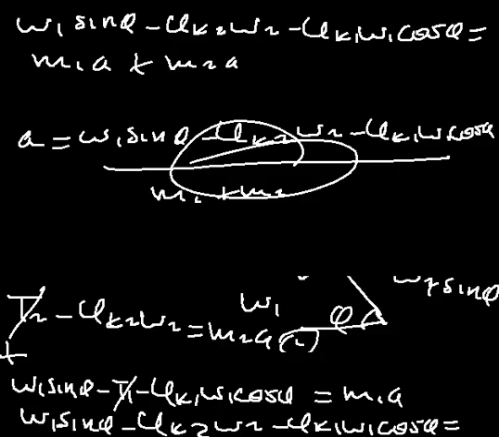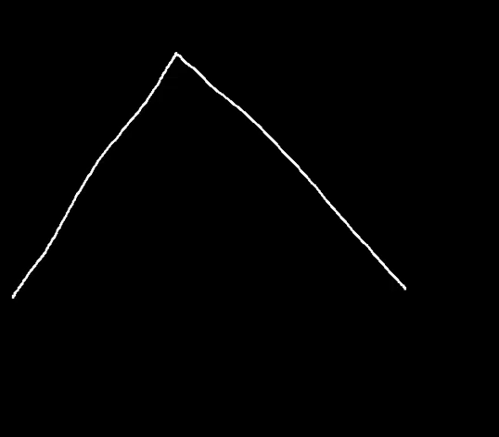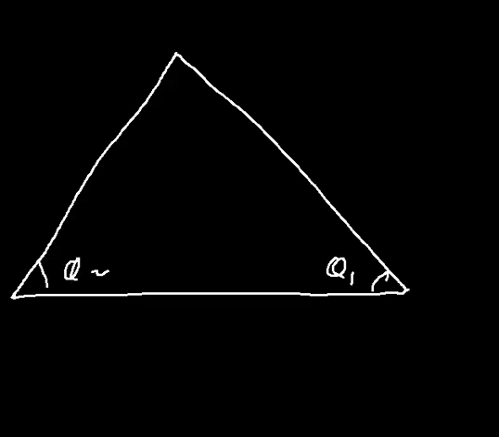So for that case, how should you analyze this one? I'll leave this one for you to try. What if we have this kind of case? Let's say this is theta 1, this is theta 2.